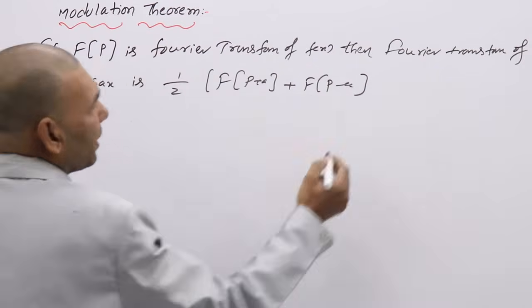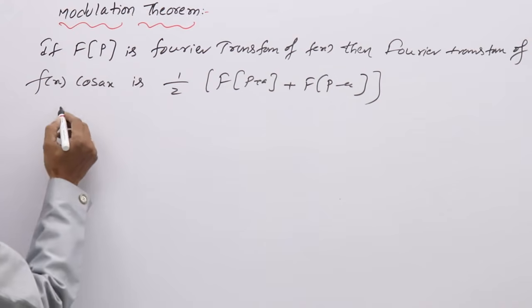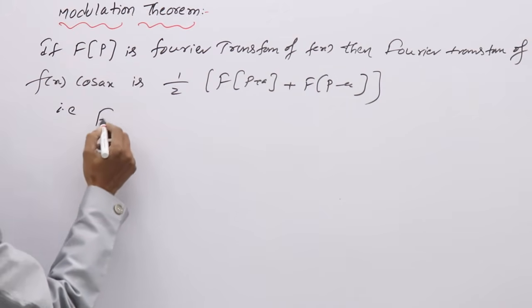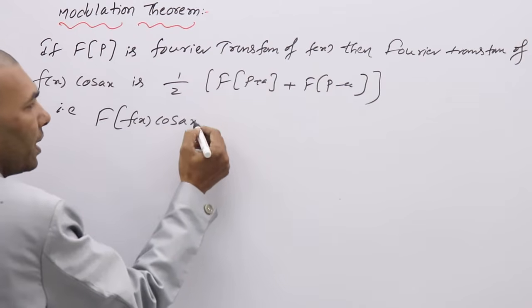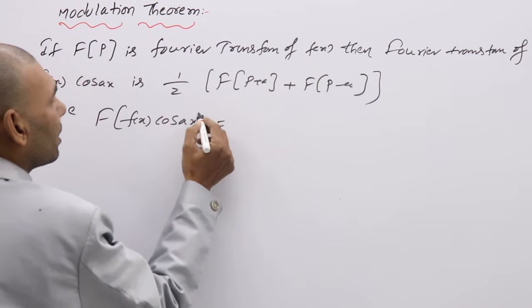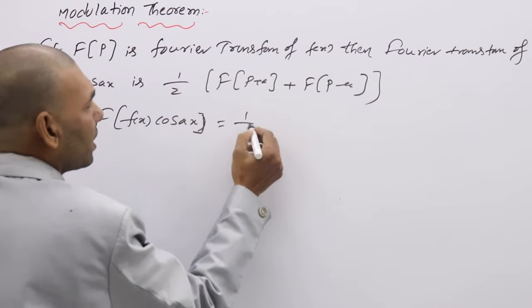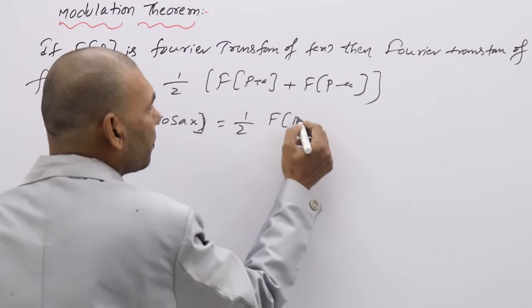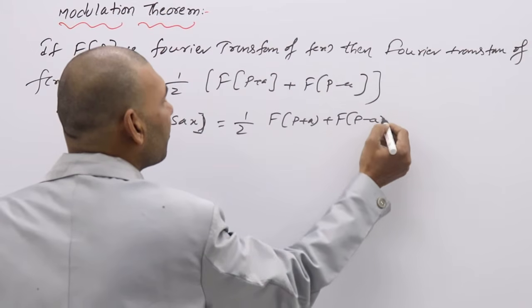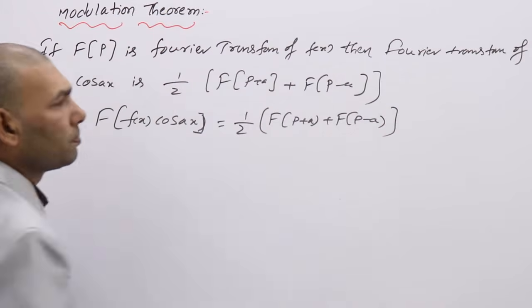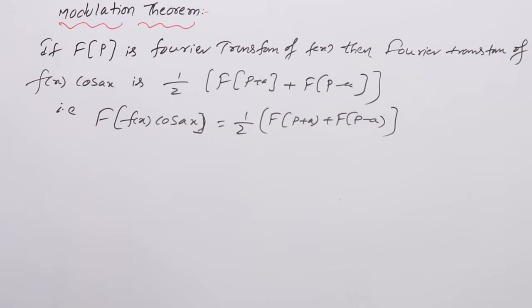So which can be written like this, that is capital F of f of x into cos ax is 1 by 2 into F of p plus a plus F of p minus a. So this is Fourier transform of f of x cos ax we need to prove now.